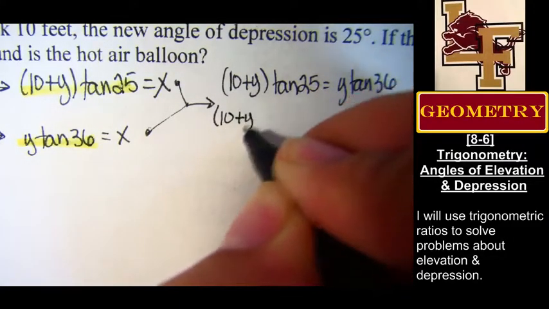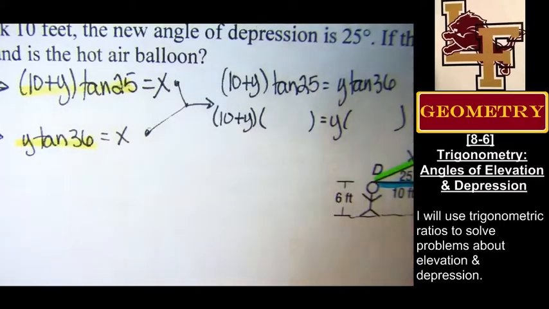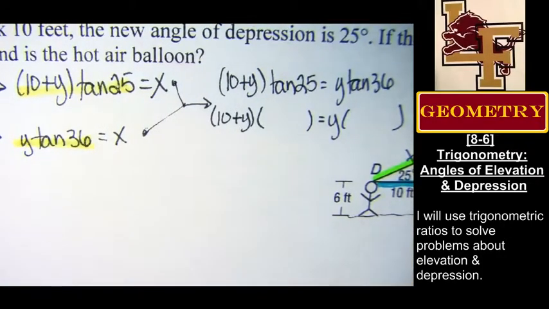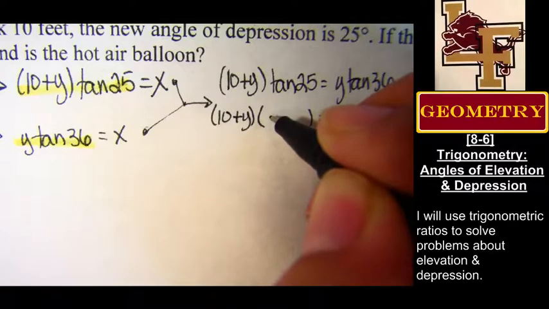Let's turn those tangents into numbers. When you're ready, please get me the decimal for tangent 25 and then tangent 36. Four decimal places and round at the fourth.